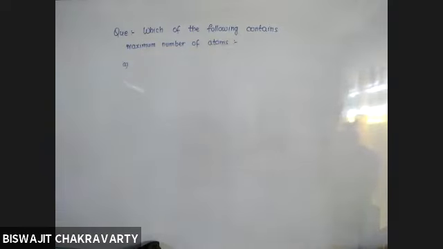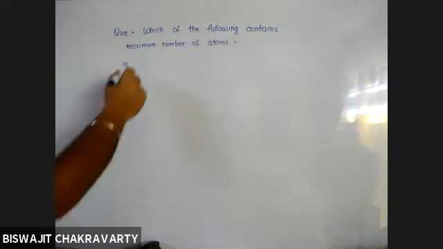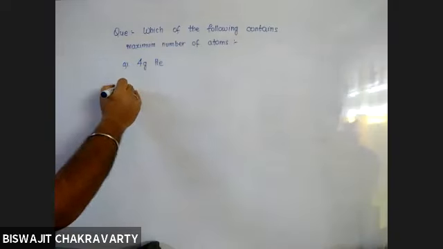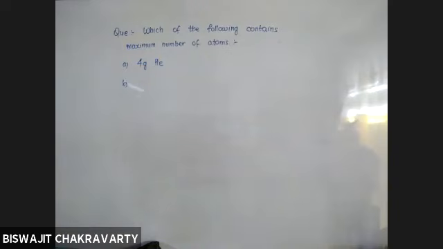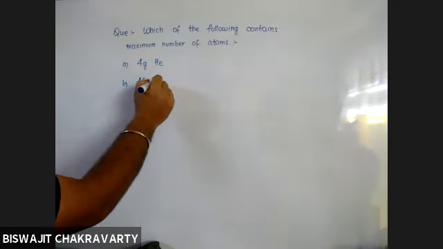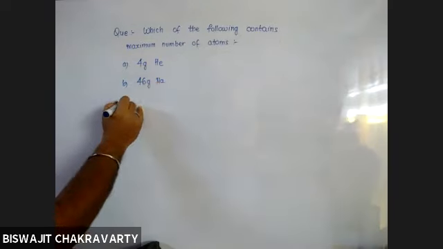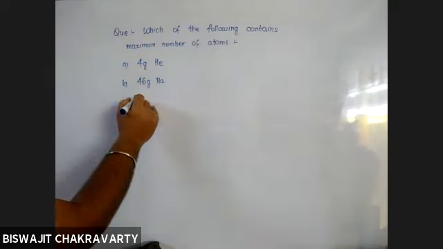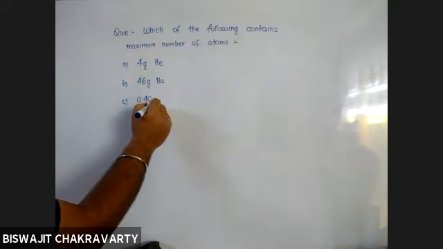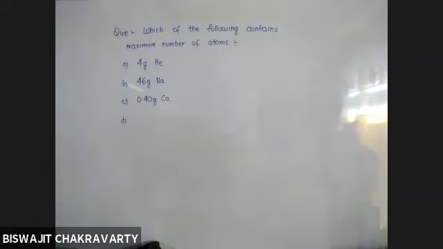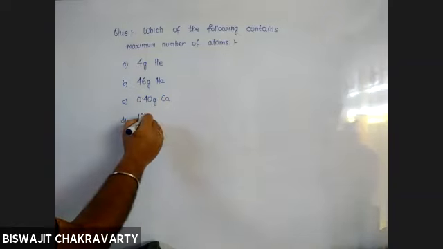Option A, 4 gram helium. Option B, 46 gram sodium. Option C, 0.40 gram calcium. Option D, 12 gram helium.